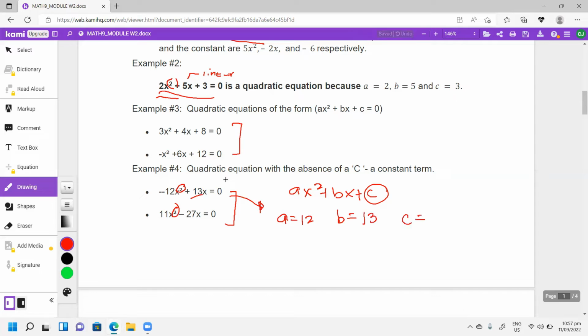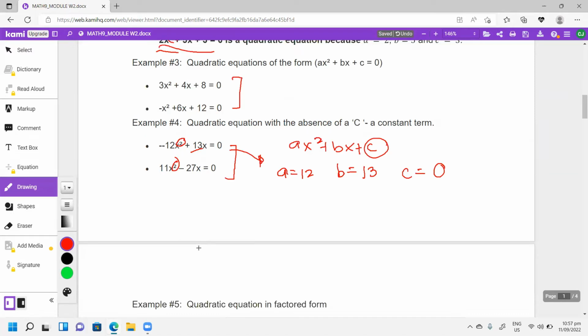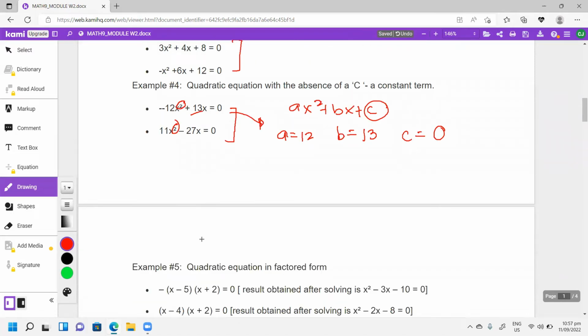How about the c, ma'am? c is our constant term, right? But we cannot see c here. So if we cannot see a constant term, we'll just write c as 0. Okay? The same is true with number 11. So our A here is 11, our B is negative 27, and our C here is 0.